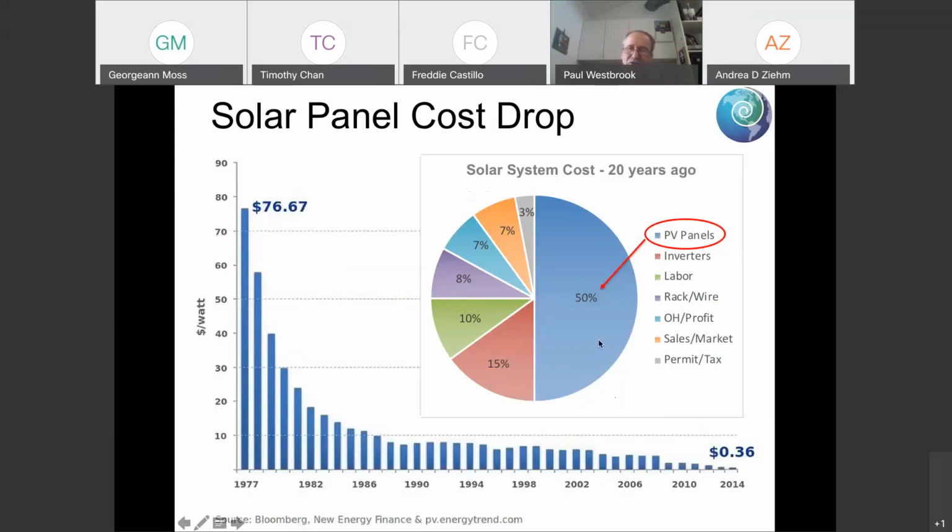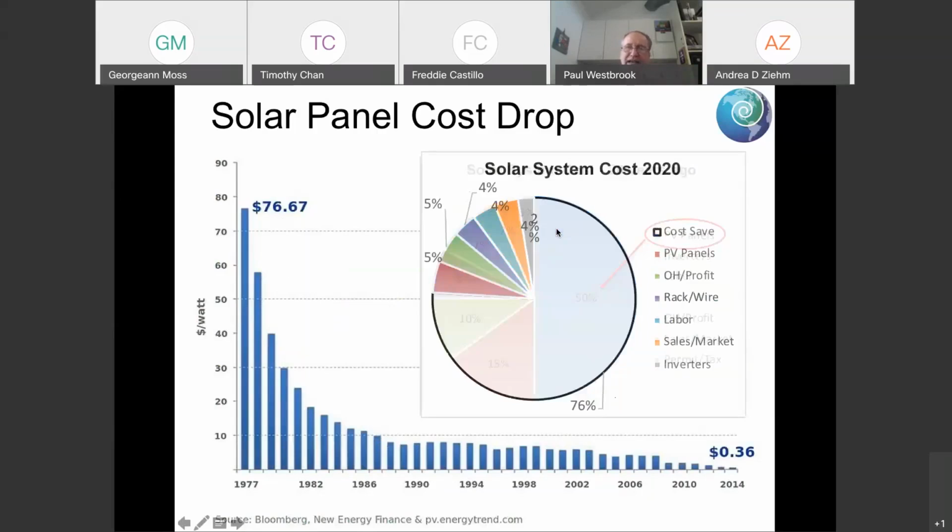Now, 20 years ago, if you wanted to put in a whole solar system with all the components, the panels were at least half of the cost. There's inverters and the racking and the wire and the labor and profit and all those other things. But this was the main piece. Well, today, the systems are cheaper. 75% of the cost is gone because everything's gotten cheaper. But you can see the cost is very distributed now.